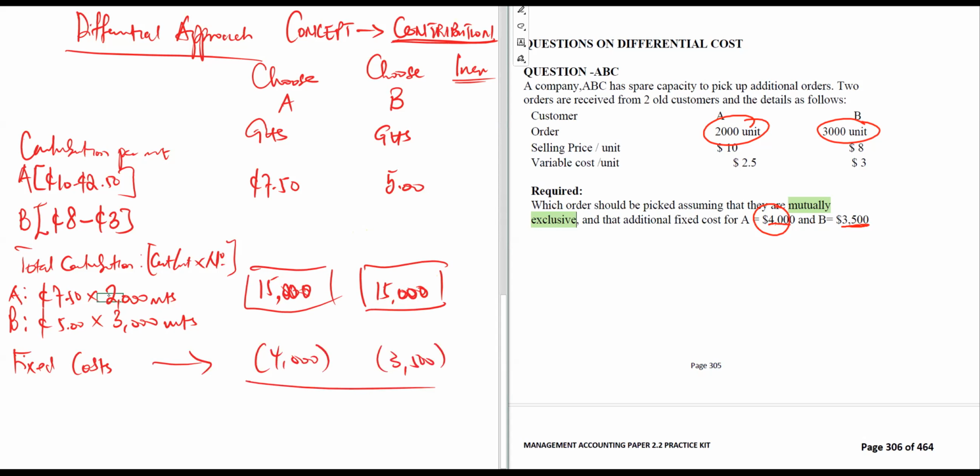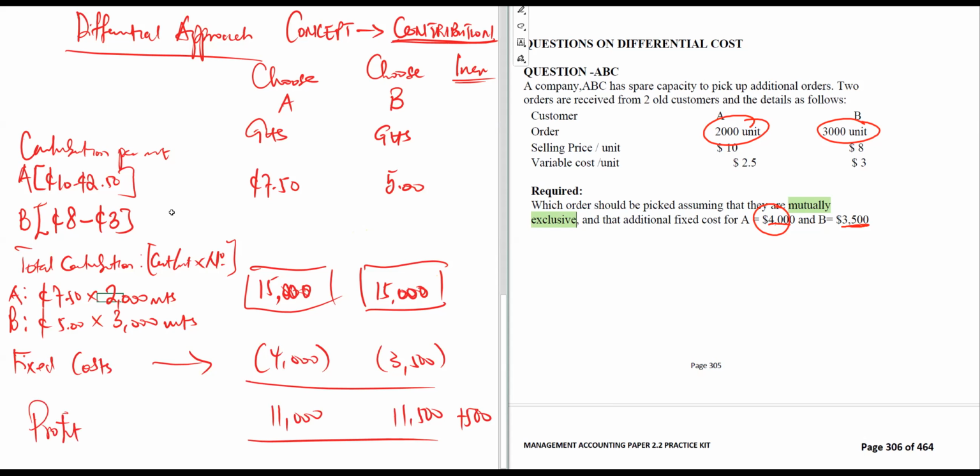So which is the most profitable? B with 11,500, right? And A with 11,000. So you see that there's a positive 500 if you choose B, but you lose that 500 if you choose A, right? So there's the profit position.